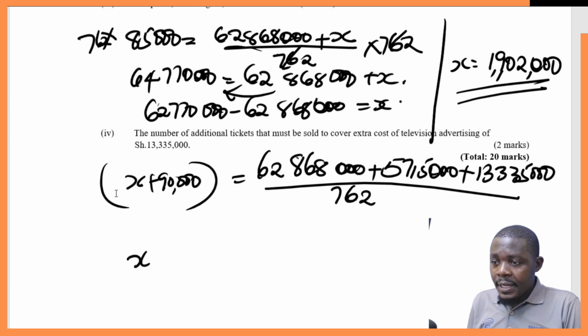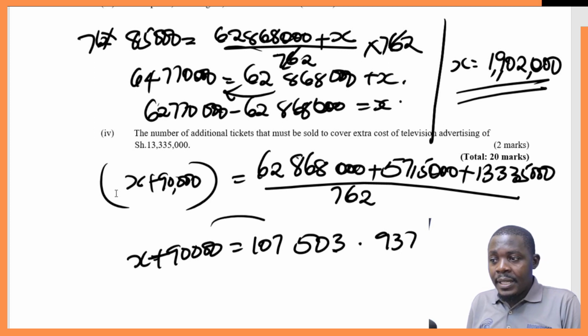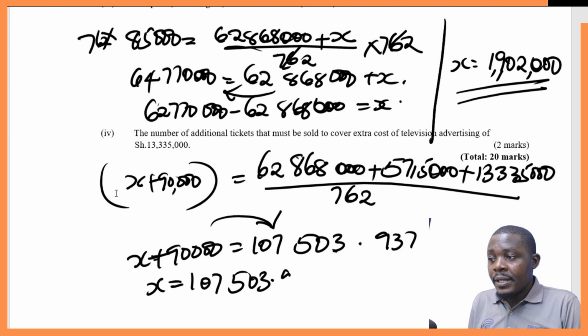In this case, X plus 90,000 is equal to 107,503.937. When this comes to the other side, X is equal to 107,503 point. But with tickets, how do we get points? Now this is just minus 90,000.